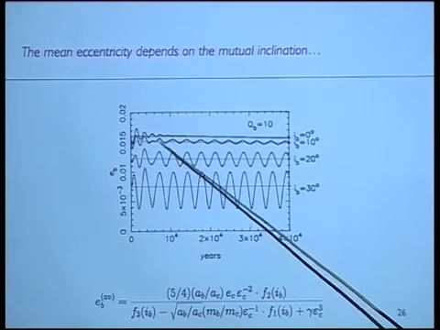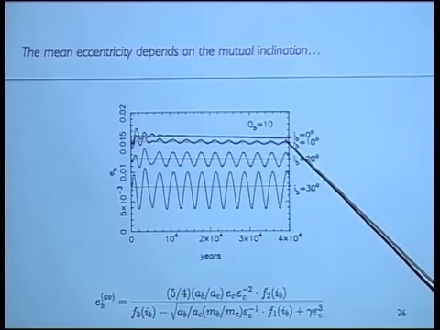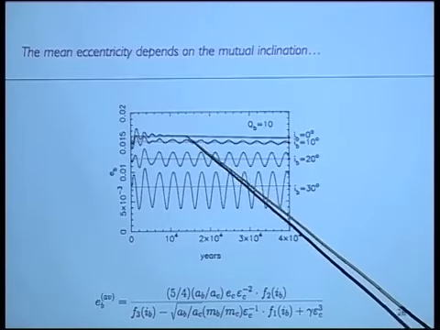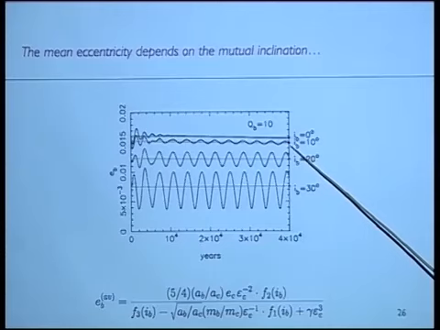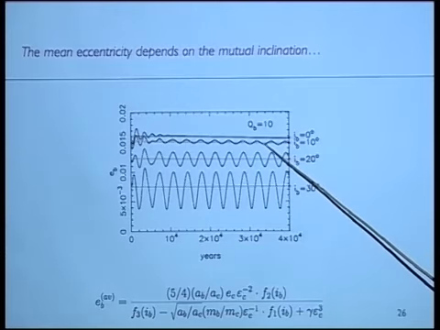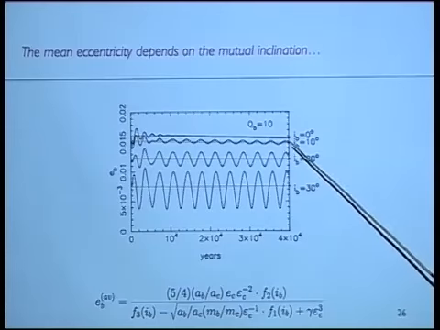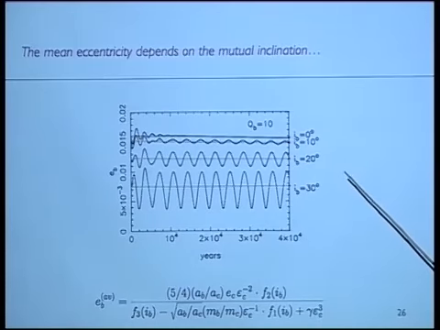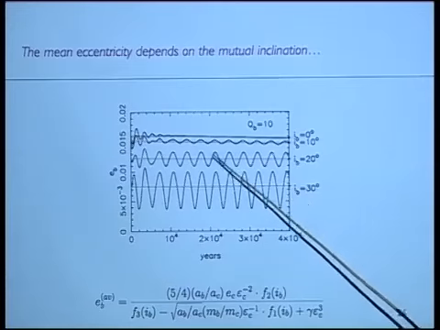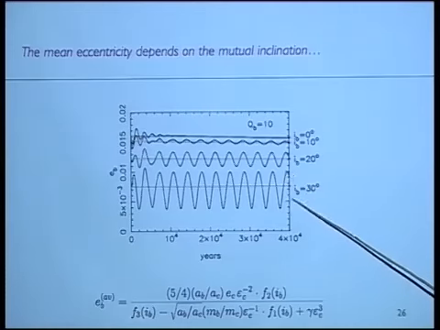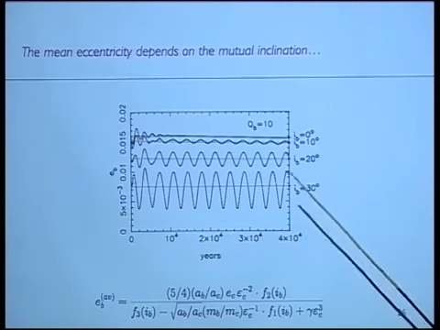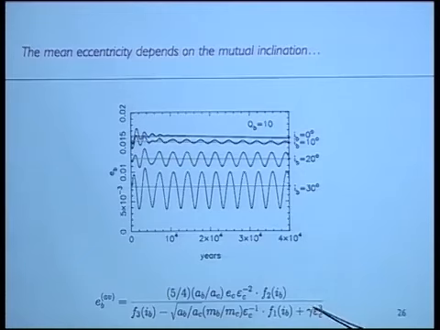So for a coplanar system, of course, it just goes to a fixed point. And then when you increase the mutual inclination, you start to get this oscillation. But two things to notice. The average value, well, here is the formula for the average value coming from that modified system.